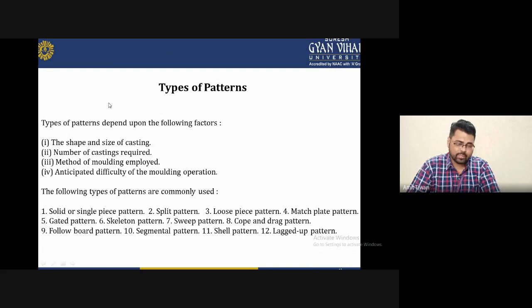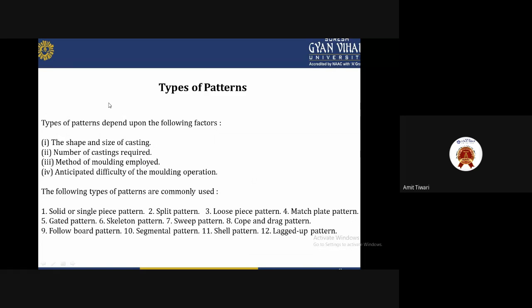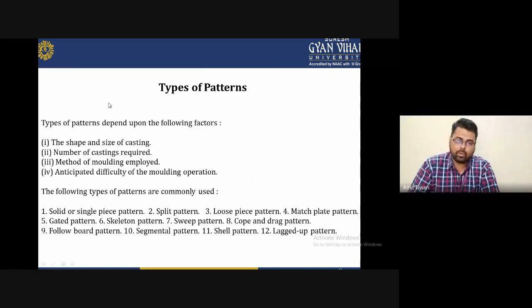Second is the number of castings required, whether you will fabricate 10, 15, 100, 1000, or 8,000 samples. Third is the method of molding employed, that is, what type of method you will adopt for the molding. Fourth is the anticipated difficulty of the molding operation. These are all the factors on which the type of pattern depends.